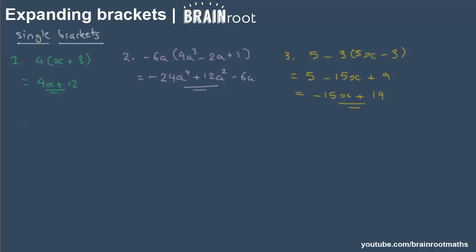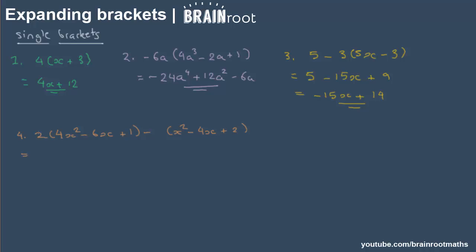So let's move on to question 4, which is going to be the last question on single brackets. 2 times (4x squared minus 6x plus 1) minus (x squared minus 4x plus 2). I know it looks really long, but it's just two single bracket expansions, and we're going to do the same thing as we did there. We're going to do this first, ignore that for a bit, and then come on to that.